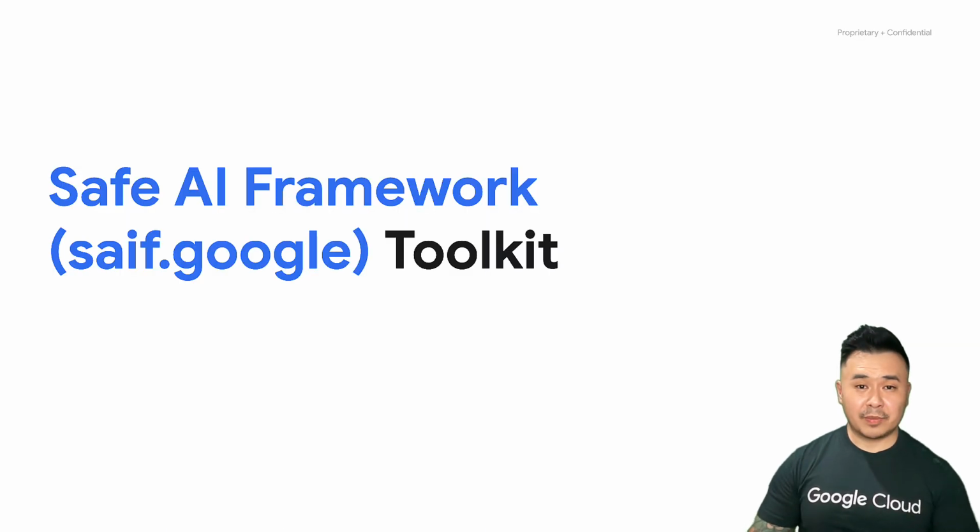Just before I wrap up this video today, I'd like to talk about SAIF.Google. SAIF, the Secure AI Framework, you probably heard about it in other talks and different video episodes of this AI security video series. I'd like to double click on it because we have launched this new website called SAIF.Google. You can browse to it or Google search it and you will find the website.